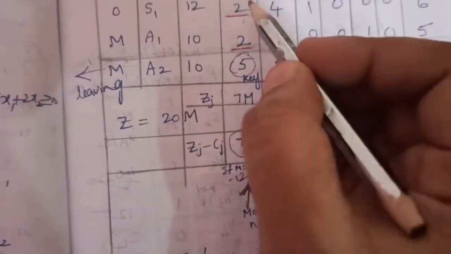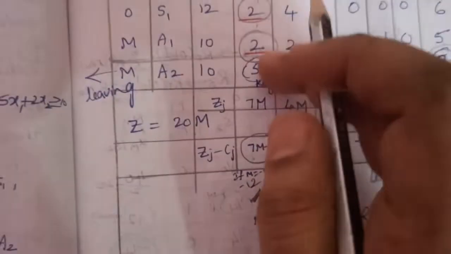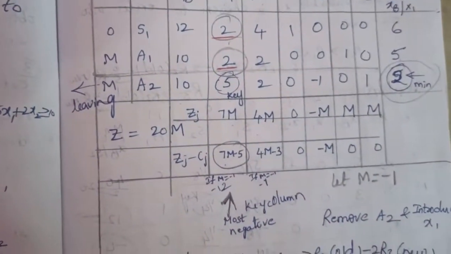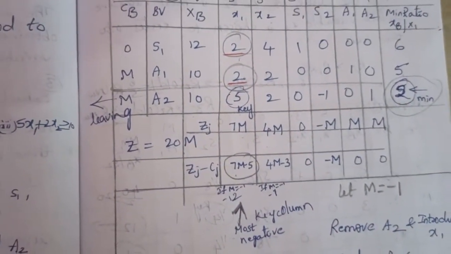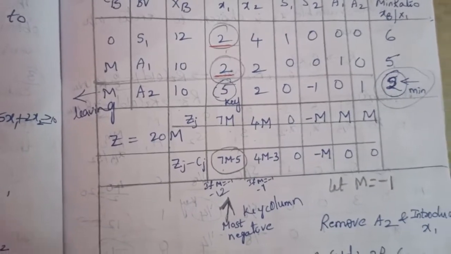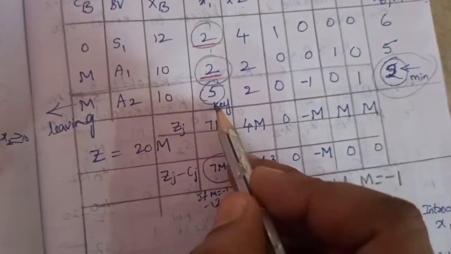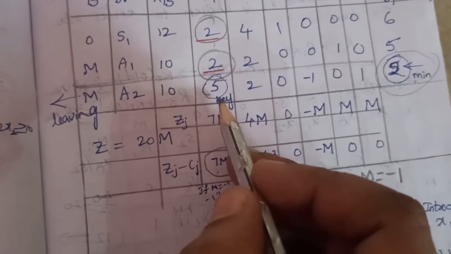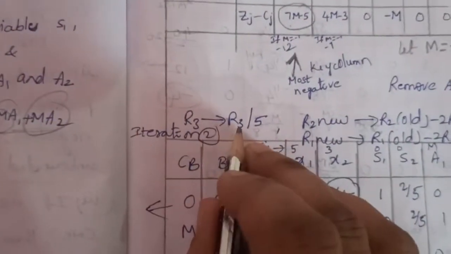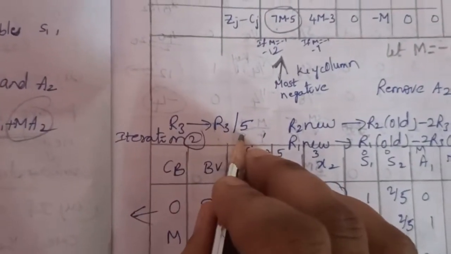Now we have to consider these two values for the Big M method to find out the rows. R3 we have now. This is the key row. For R3, we want to make it 1, so R3 changes to R3 divided by 5.